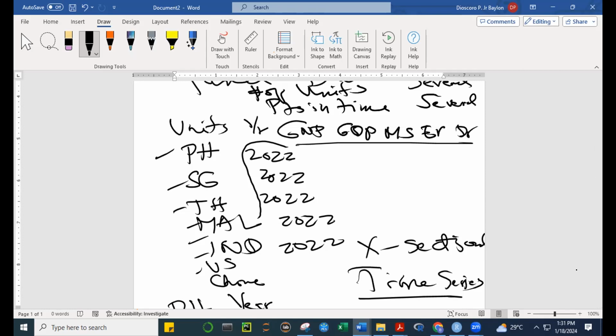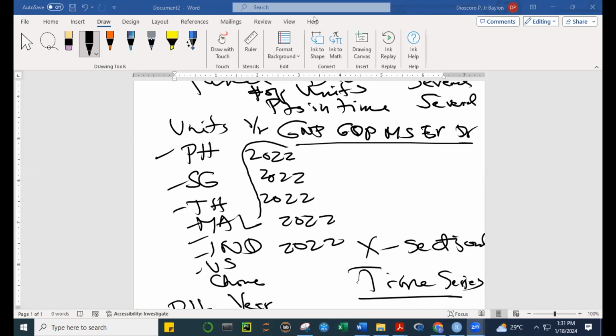Okay? And we will have a session where we will study how to conduct panel data regression. Okay? So iba yung method pag cross-sectional, iba yung method pag time series data, iba din yung method pag panel data. Okay? All right. Any questions so far, class?